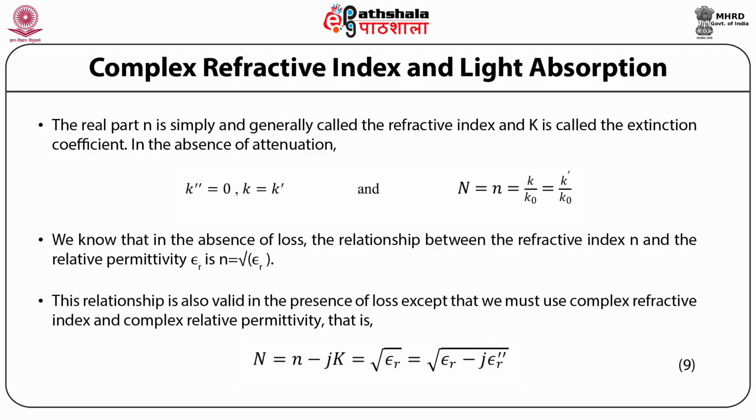This relationship is also valid in the presence of loss, except that we must use complex refractive index and complex relative permittivity. That is, capital N is equal to small n minus jK, which is equal to root over of epsilon r prime minus j epsilon r double prime.